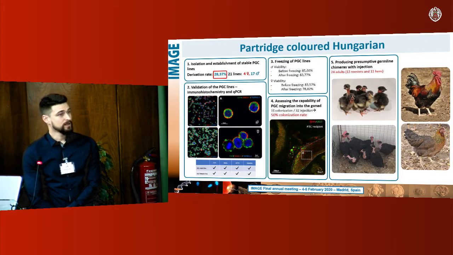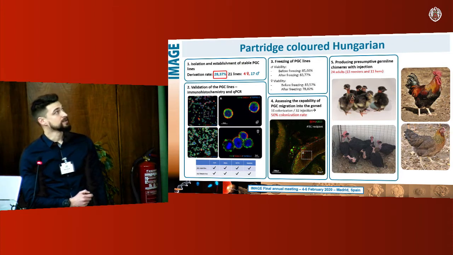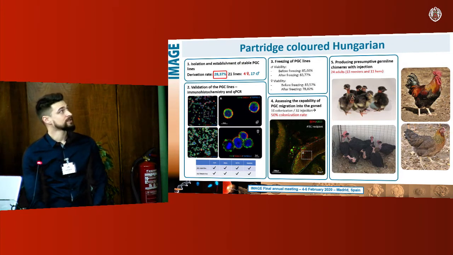And I'd like to give you an example, the partridge color Hungarian. So we started with establishing cell lines, 21 to be exact, for females and 17 male cell lines. After that, we did a validation step.